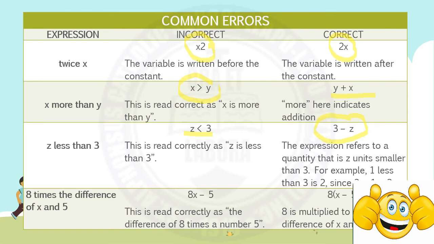Mostly they write 8x minus 5. This is read correctly as the difference of 8 times x and 5. But the exact way to translate the verbal phrase to mathematical phrase is that 8 is multiplied to the difference of x and 5, or 8 quantity x minus 5.